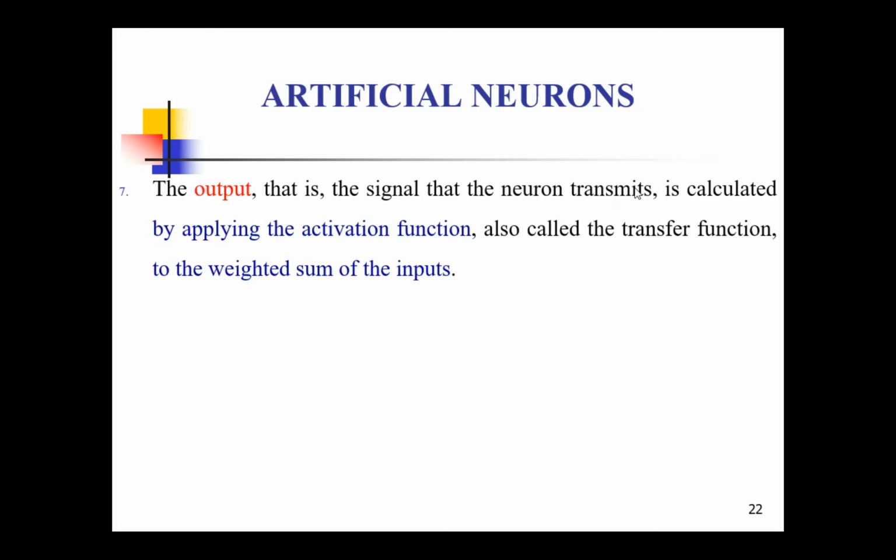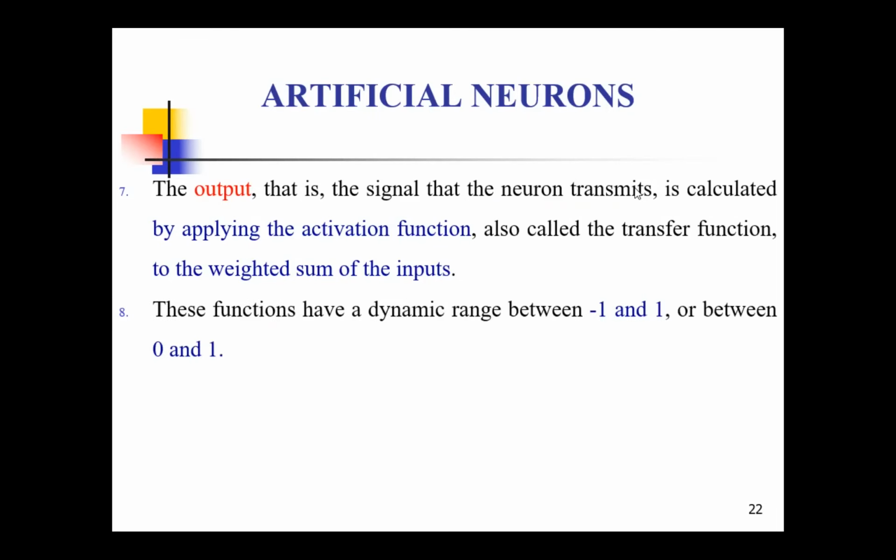The output depends mainly on the activation function or transfer function that we select. These activation functions have a dynamic range of values between -1 to +1 or between 0 to 1.